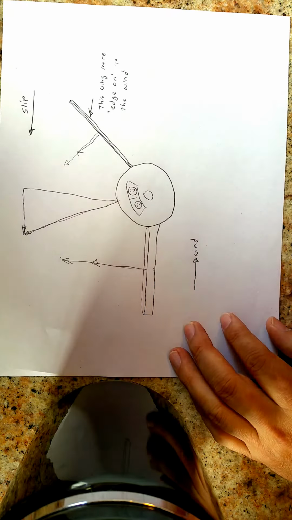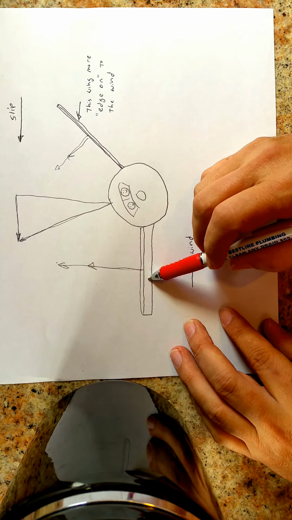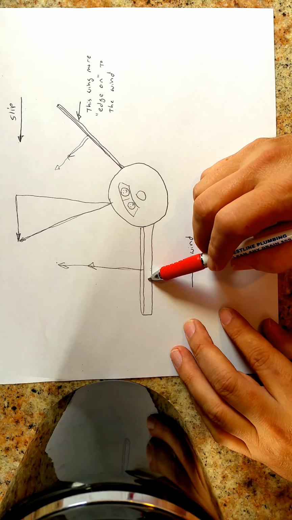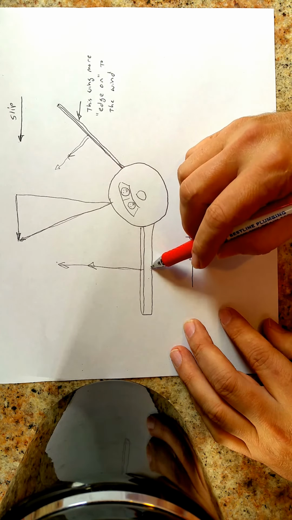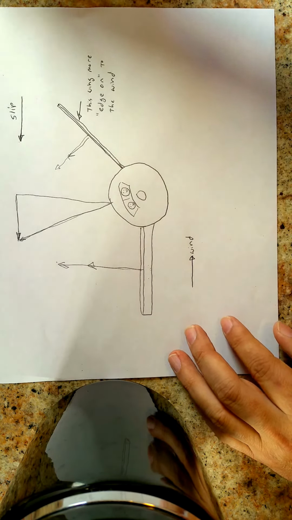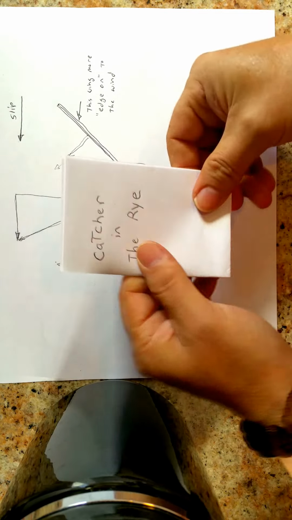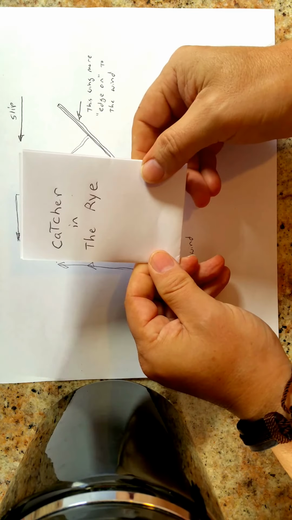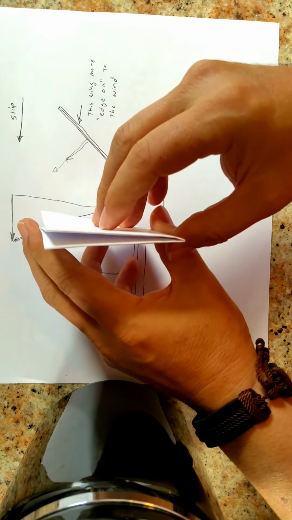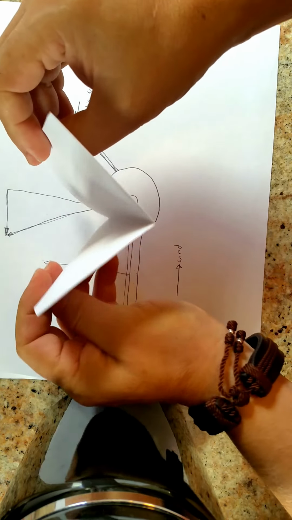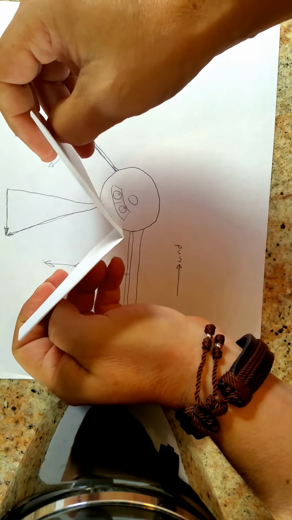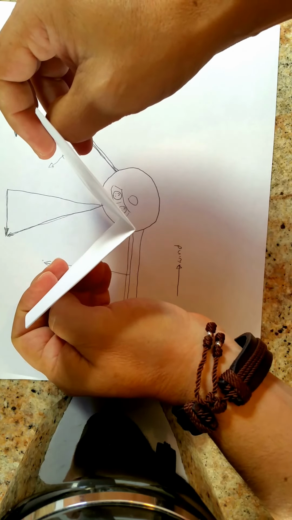The best way to understand why the underside of this wing appears greater than this wing when you have dihedral, and therefore increasing the lift vector on this, is you just take a book, and I've made my little book here. Take a book and just turn it sideways like this, and open up the pages of the book so that it forms a V shape similar to the way I've drawn my aircraft.